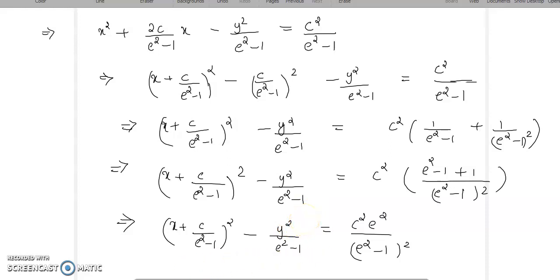transferring the origin to the point (−c/(e² − 1), 0). So let us look at what happens to the equation.